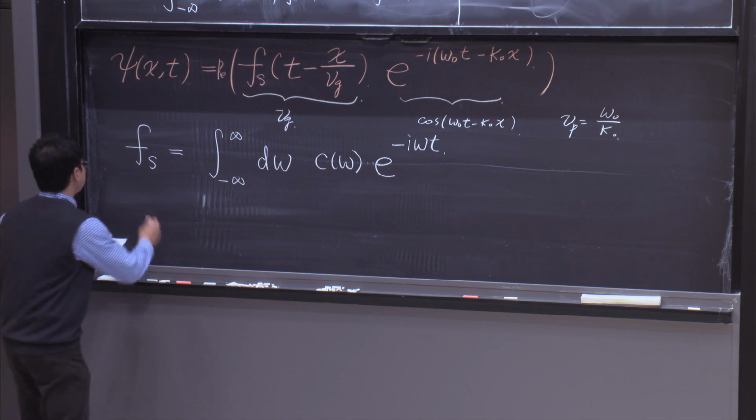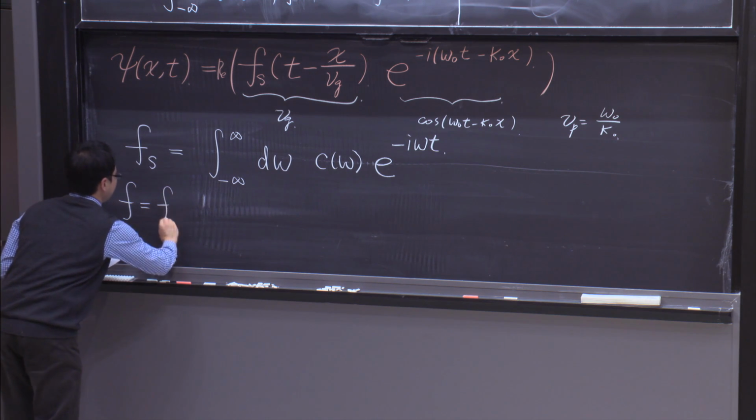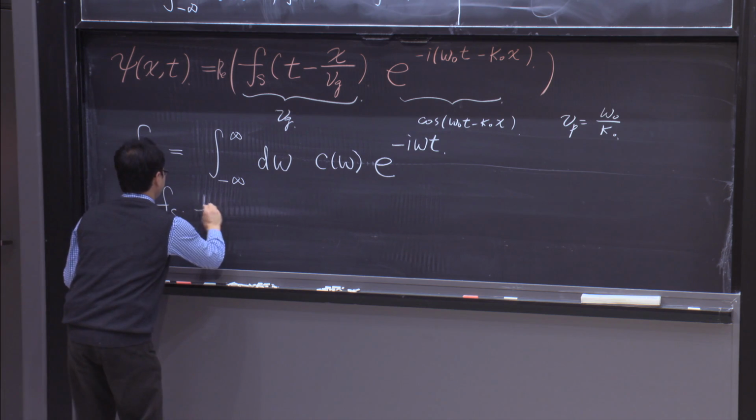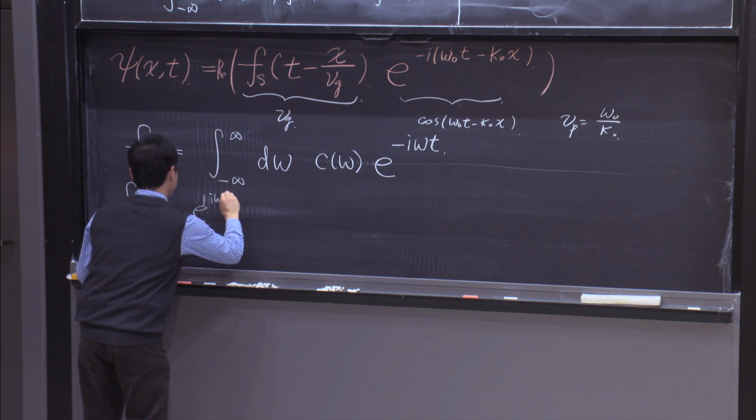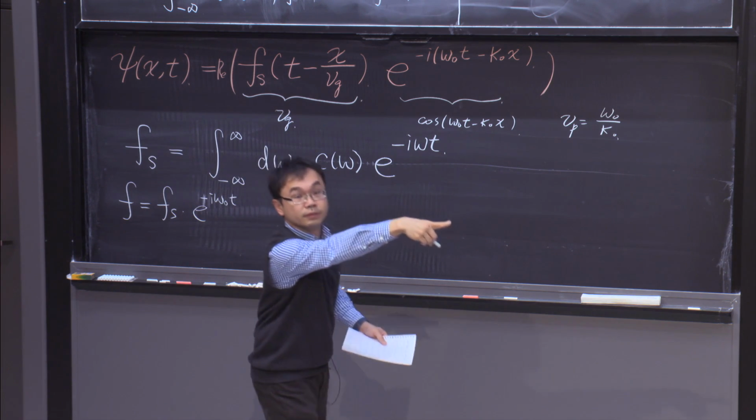Then my f function is equal to fs times exponential of i omega minus i omega 0 t. That's what we defined there.